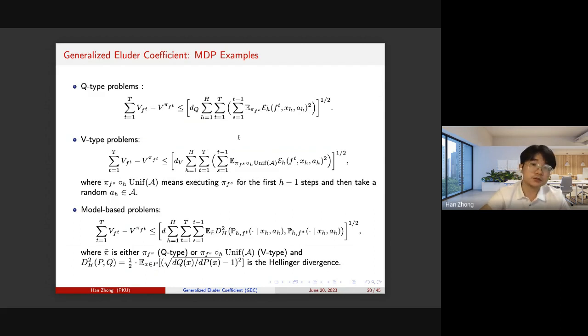For the V-type problems for MDP, we choose the exploration policy as Pi_f composed at step h with uniform A, which means that we execute Pi_f for the first h-1 steps, and then take a uniform action at step h. And the discrepancy function is also the Bellman residual square.